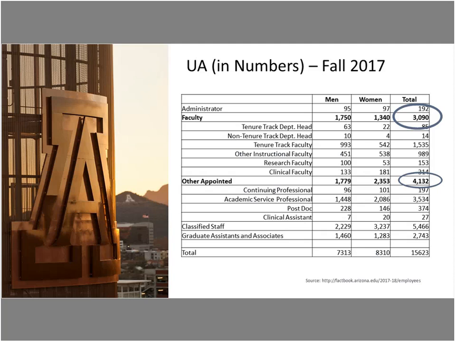In terms of the numbers of faculty or other professionals that we are tracking in the system, we have roughly 3,000 folks on campus who fall into our promotion tracks, be that tenure or our non-tenure track faculty who are eligible for promotions. We also have a number of other appointed professionals, our continuing status folks who are members of our general faculty. We also have a number of clinicians.